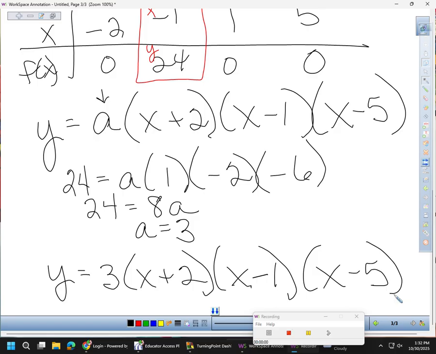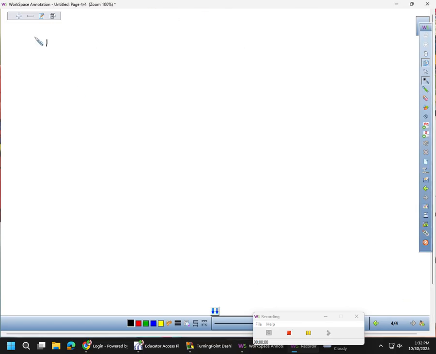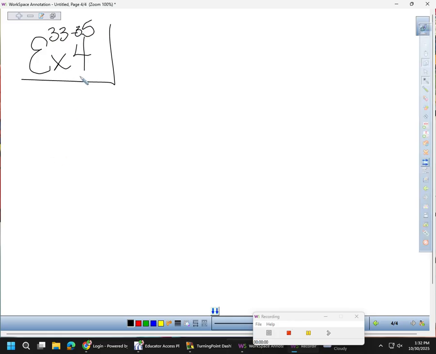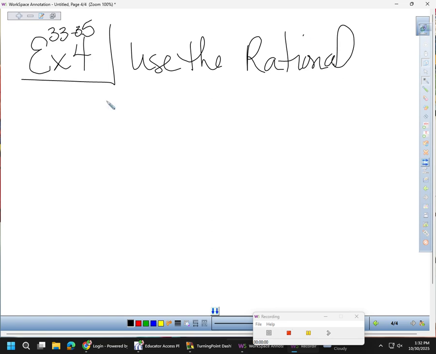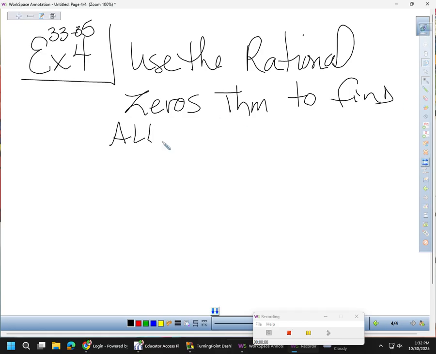I know. All right, example number 4. Example number 4 you already know how to do, but we're just going to remind you very quickly. This is 33 and 35. Use the rational zeros theorem to find all possible zeros.